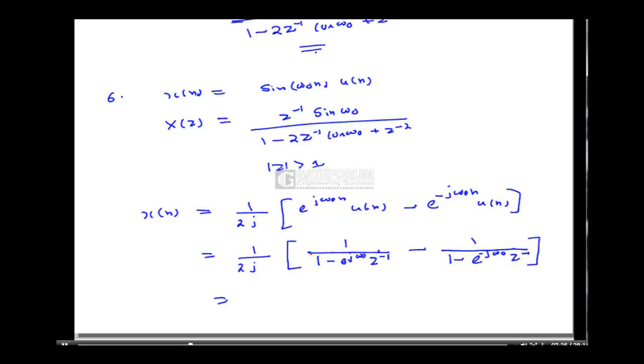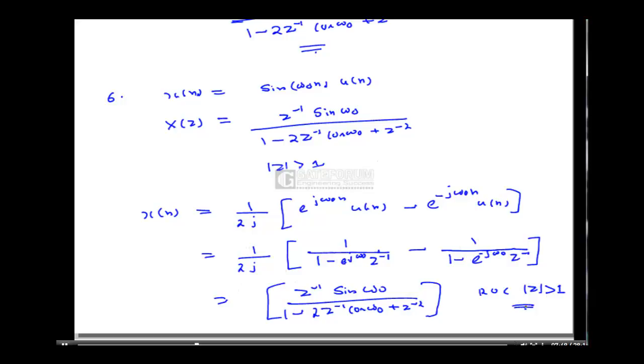Solving it further, we get z inverse sine omega naught upon 1 minus 2 z inverse cos omega naught plus z to the power minus 2. ROC will be mod z greater than 1.